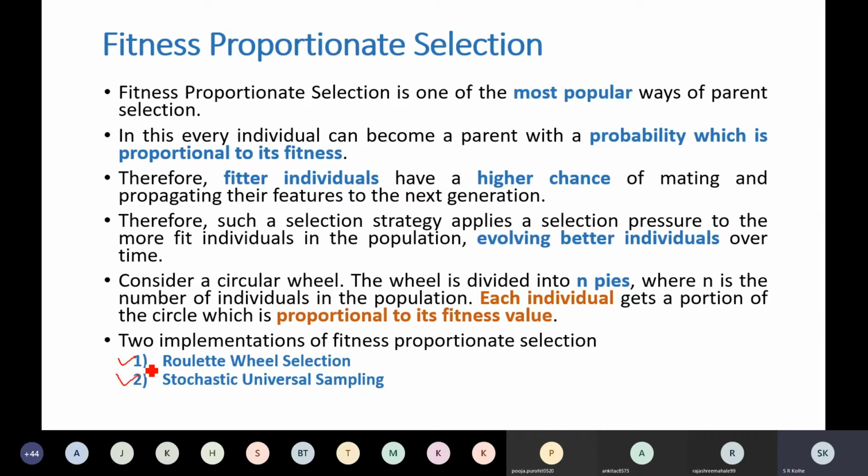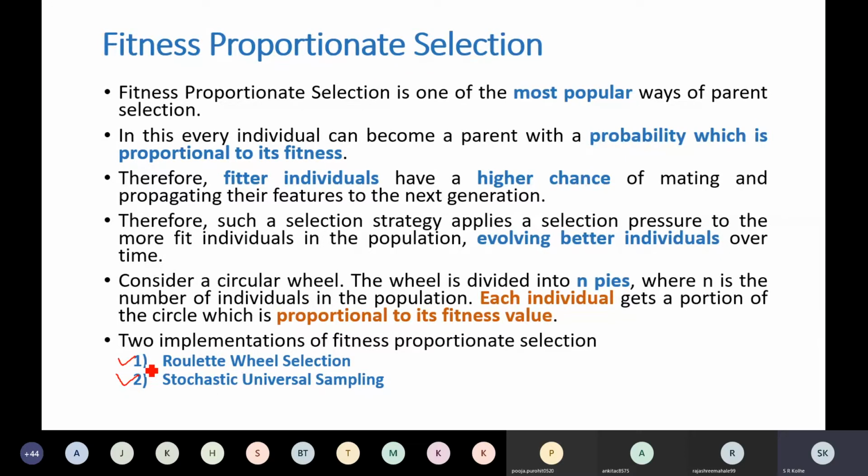Now what is this fitness proportionate selection? Fitness proportionate selection basically selects chromosomes whose fitness is more, or the probability of selecting a particular chromosome or solution will be proportional to its fitness.